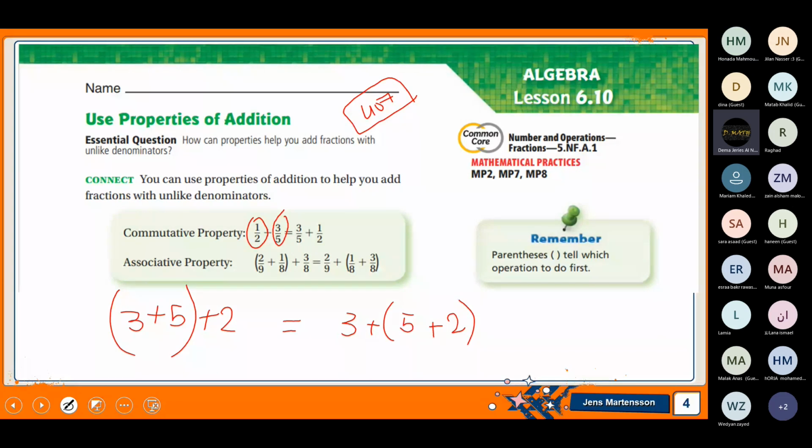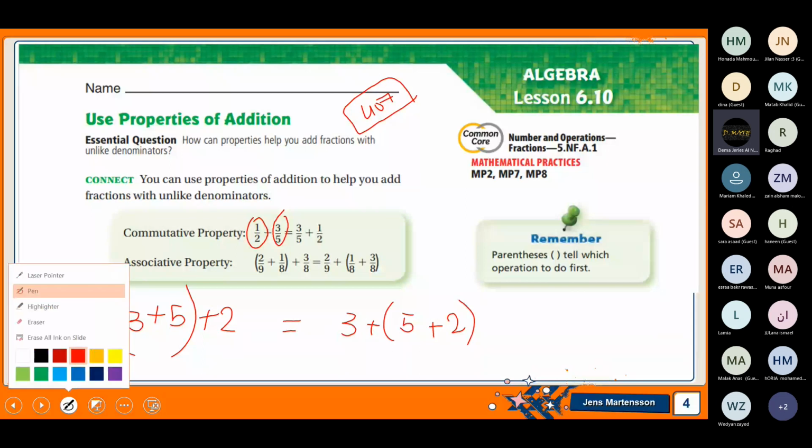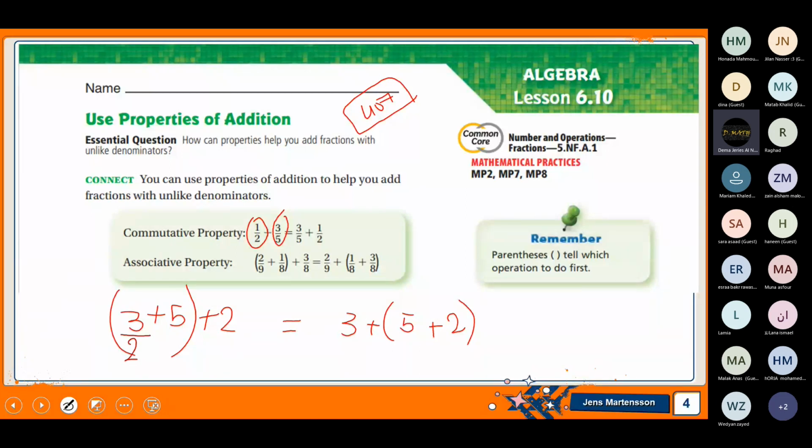And as we have in numbers, we have in fractions. We can say like 3 over 2, 5 over 8, and 2 over 8. As we have in fractions, we have in numbers.